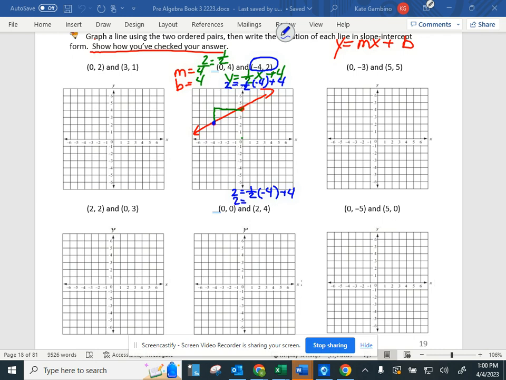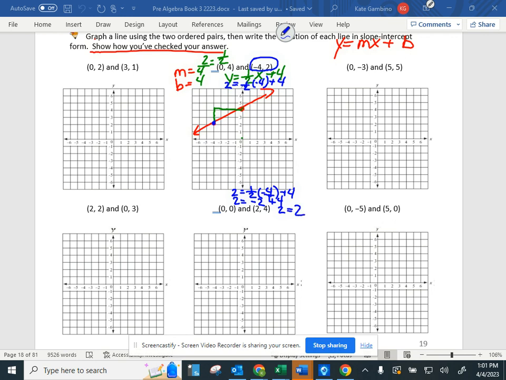What is 1/2 times -4? Remember, we can put that into a fraction. Okay, -2, because it's -4 over 2, which would give me -2 plus 4. -2 plus 4 is 2. 2 equals 2.